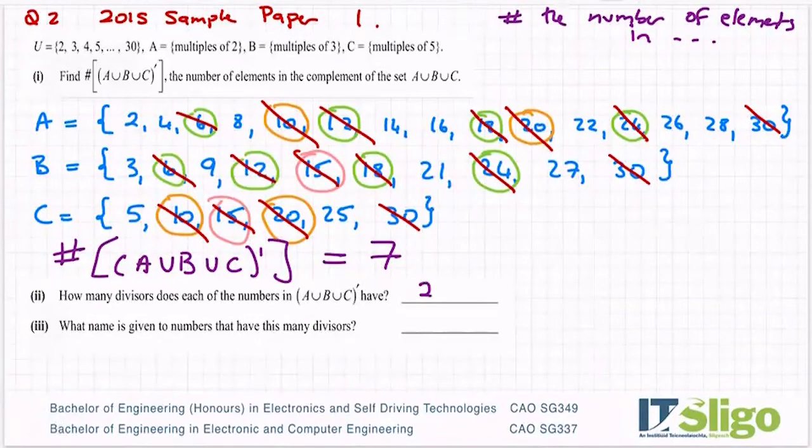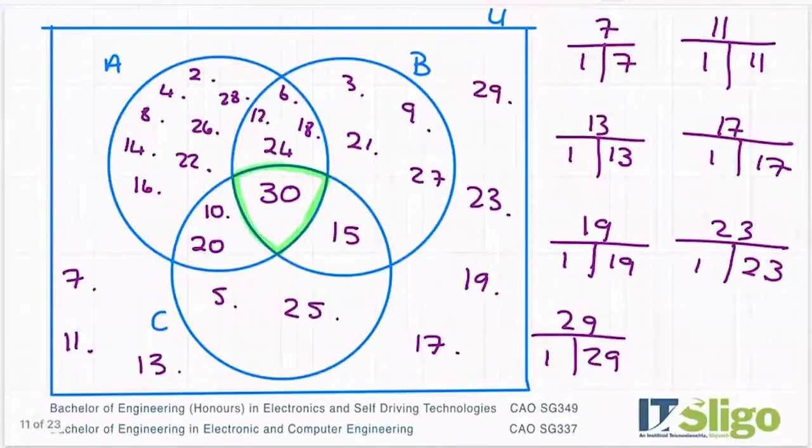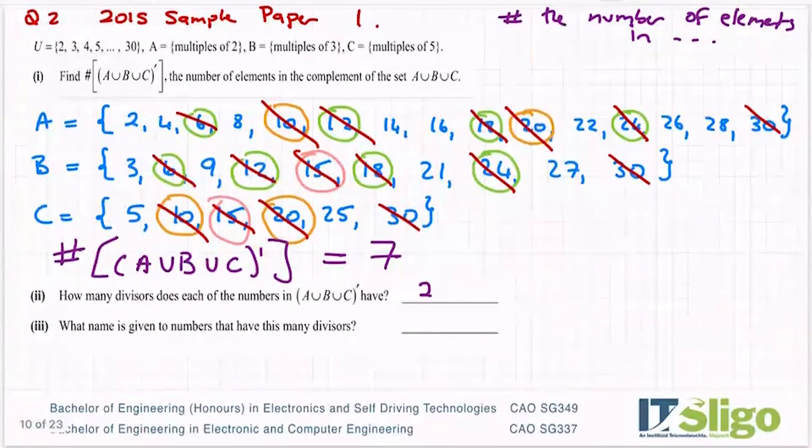Themselves. So the number itself, do you see that? There is 7 and 7, 11 and 11, 17 and 17. So the divisors are itself and the number 1. Each of them has the number 1 and itself. So the answer is 2, itself and 1.